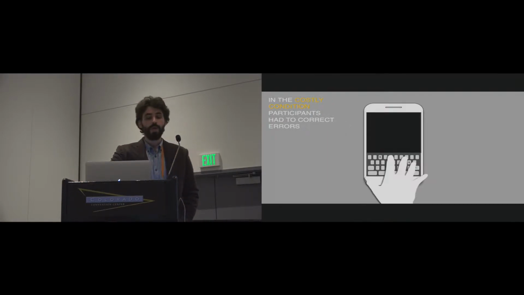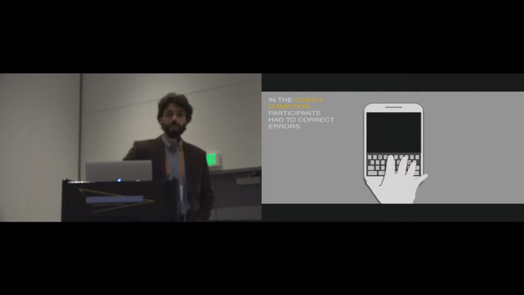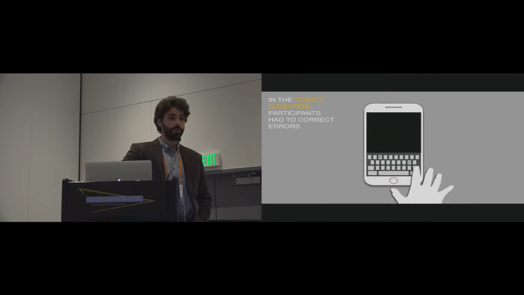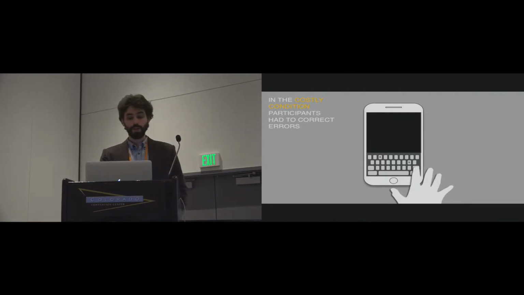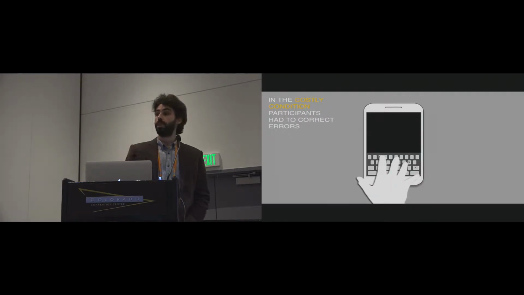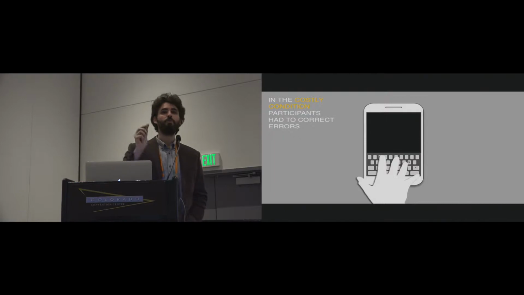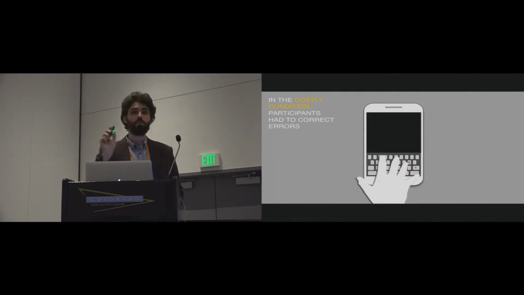And then we had a costly condition in which participants actually had to go back to where the delete key would have been, select that delete key to simulate deletion of this wrong character, and then go back to press on the correct key. And we did not let them move to the next trial until they performed correct target selection.